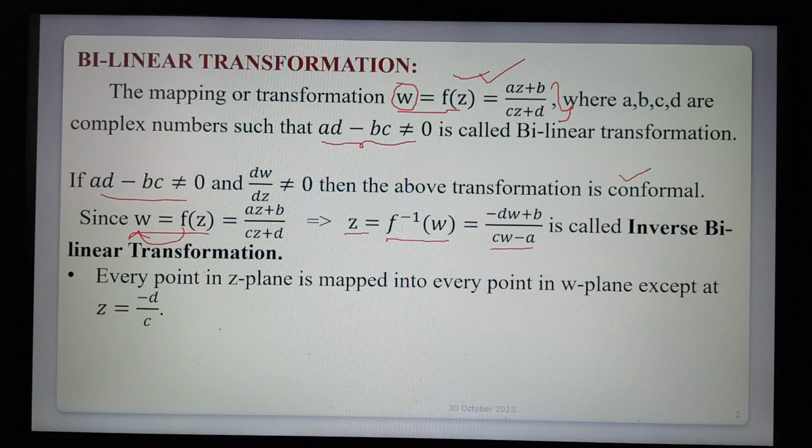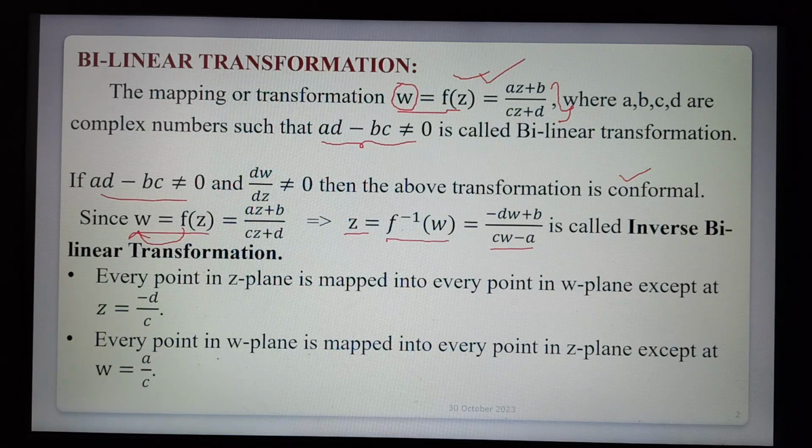So every point is mapped into the w plane except z = −d/c. In case z = −d/c, the value is not defined.